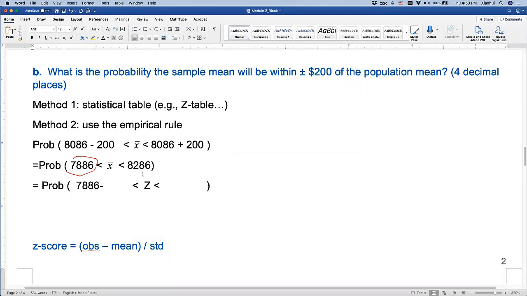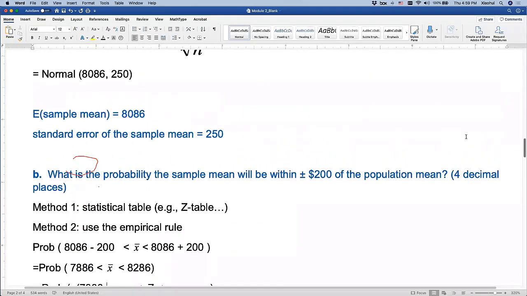So what is the mean here? Do we know what the mean is? I'm working on a problem dealing with x bar, which is the sample mean. I'm talking about the distribution of x bar. We know that the mean of the sample mean is 8,086. So this is the mean.